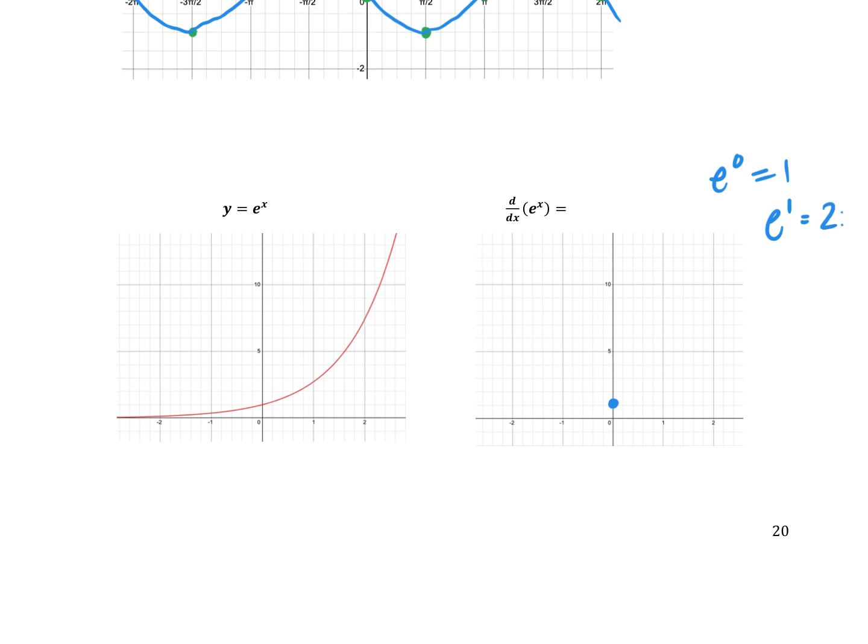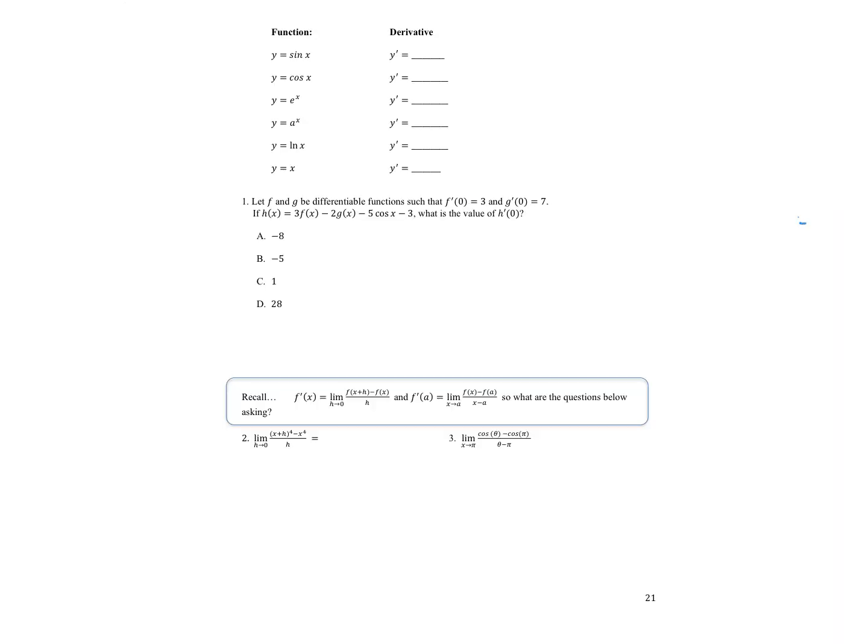So when x is 1, we're at 2.718. And then we're just going to exponentially grow. So here's my graph of e, and the derivative of e to the x is just e to the x.